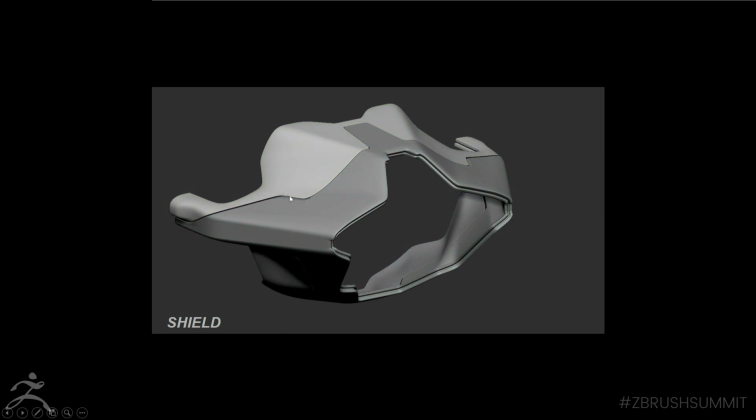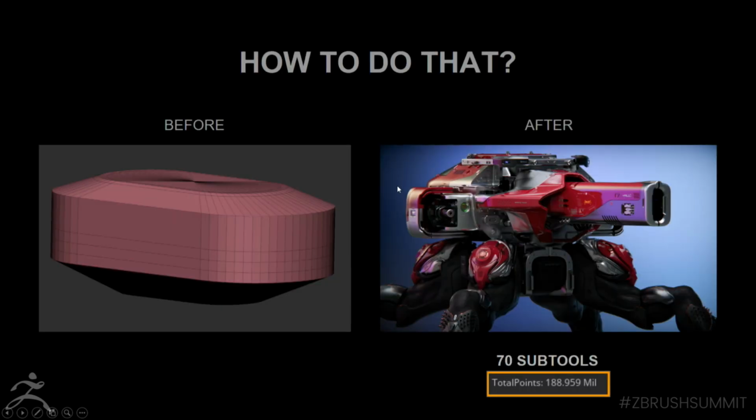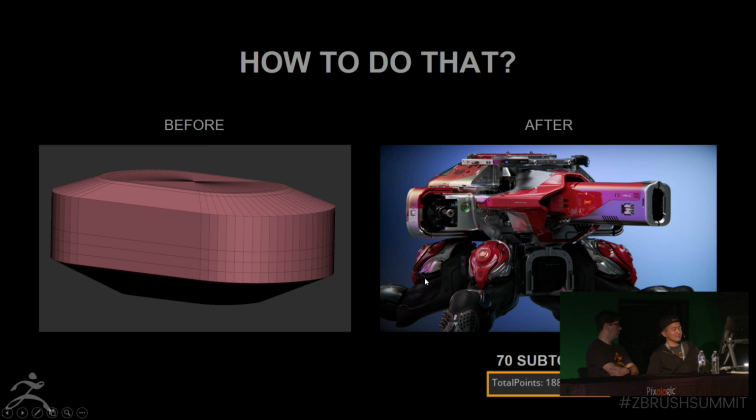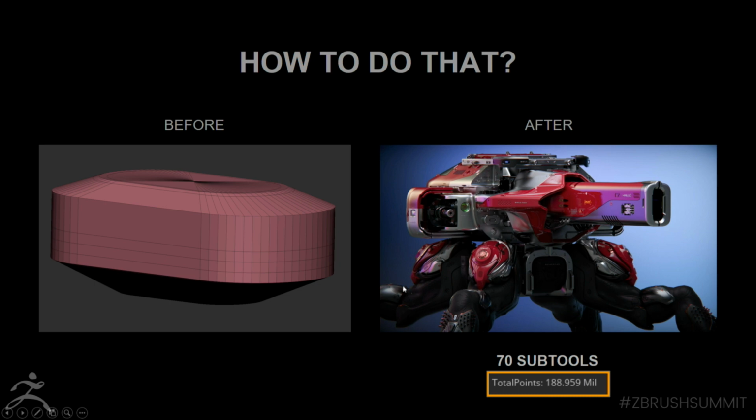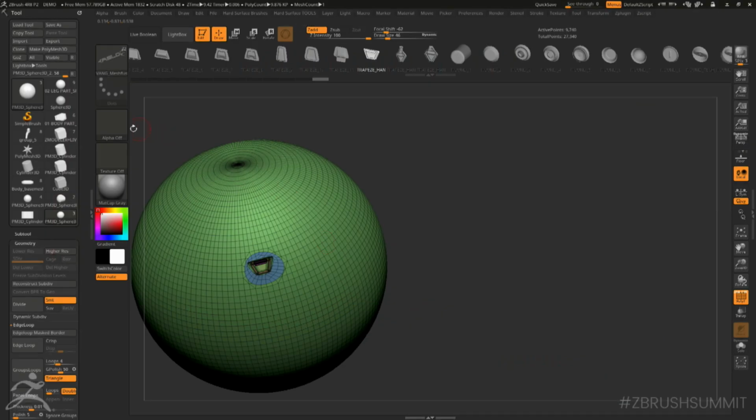And to smooth the edge border a bit, I ZRemeshed this part and put a few details. At the end, I had 70 subtools and a ton of polygons. And I'm going to show you the model.